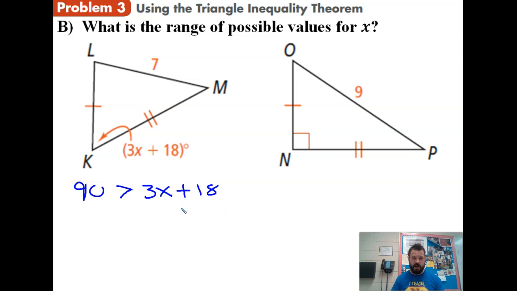We'll solve that inequality. I'm going to subtract 18 from both sides. That'll give me 72 is greater than 3x. And then we'll divide both sides by 3 to end up with 24 is greater than x.